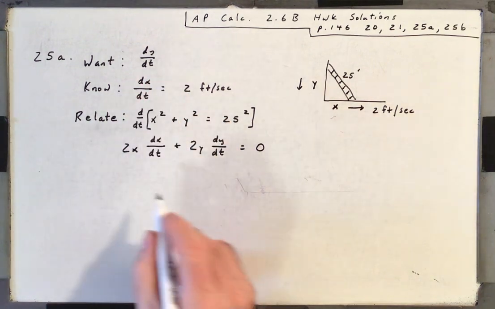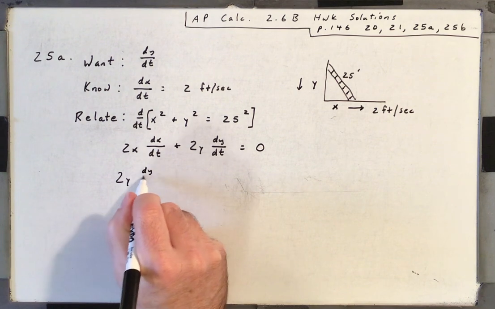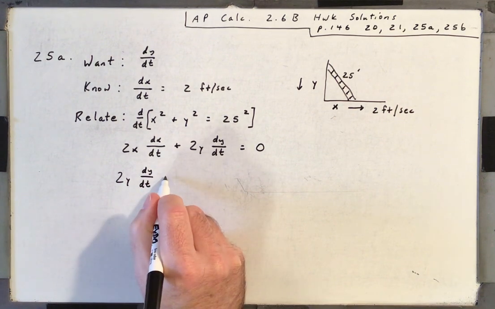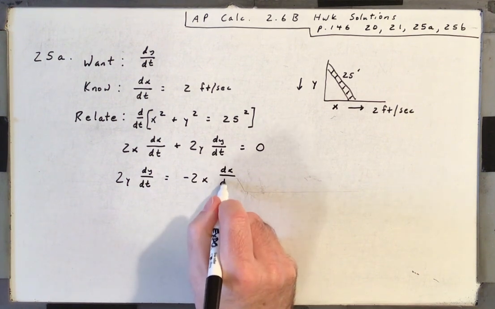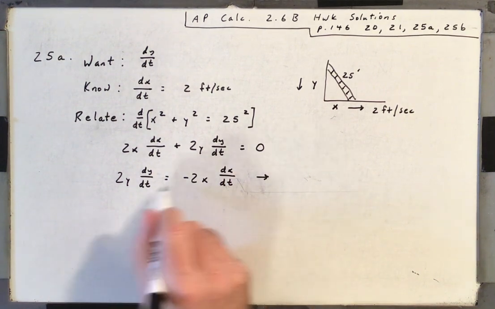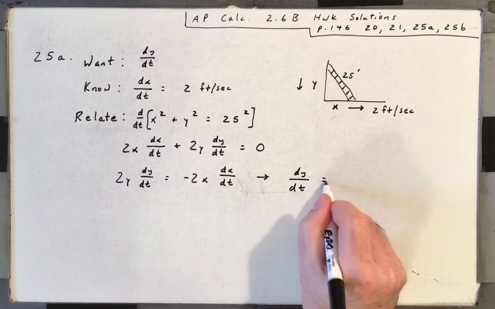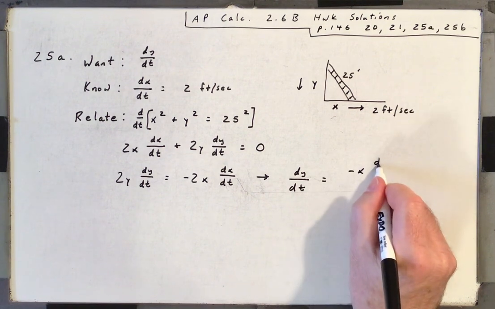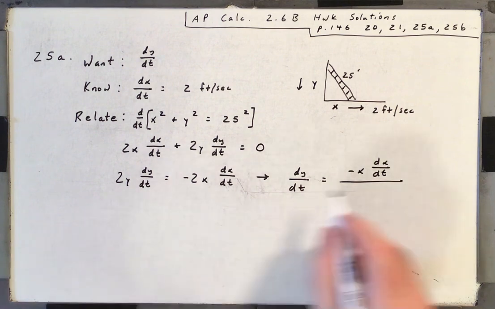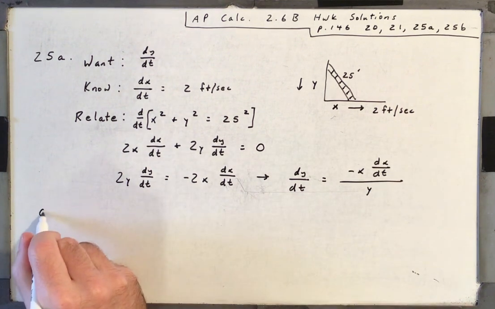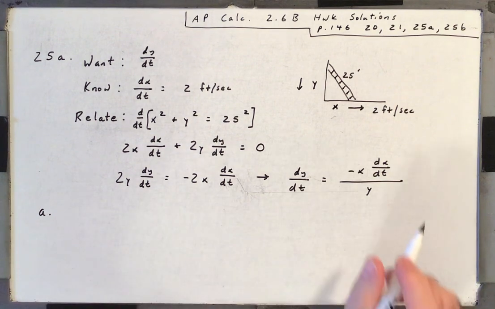We're going to solve for dy/dt. So 2y dy/dt is equal to negative 2x dx/dt. The 2's will cancel, and you would have dy/dt is equal to negative x dx/dt over y.